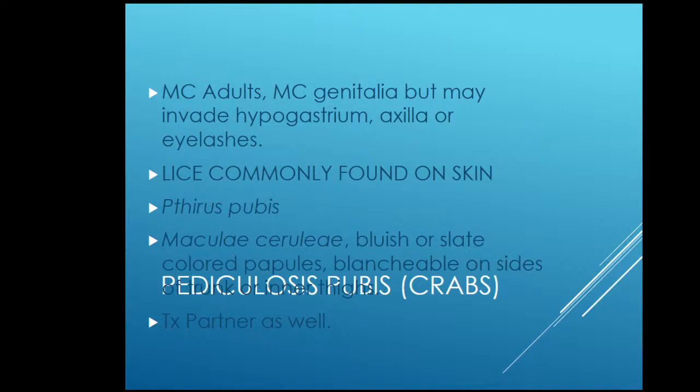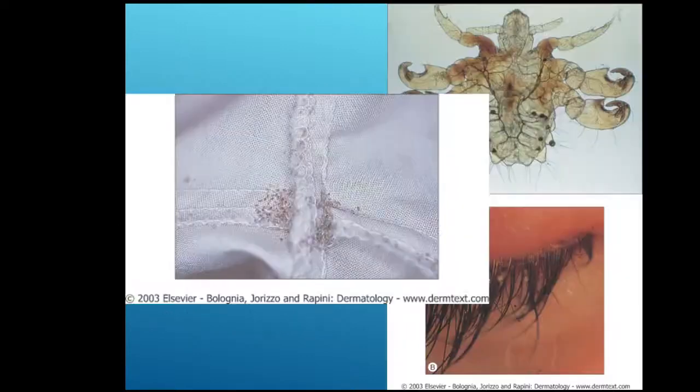The way of infection of all species of lice is contact with a sick person or with clothes or garments of this person. On this picture you can see Phthirus pubis or the crab louse.